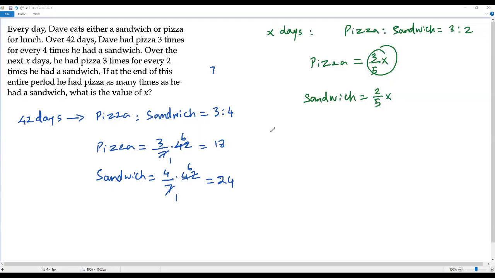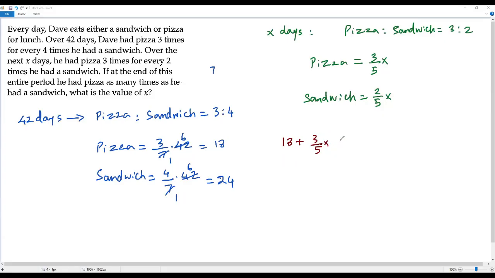To get the total number of days he had pizza for the entire period, we add 18 and 3/5 X, which gives 18 + 3/5 X.